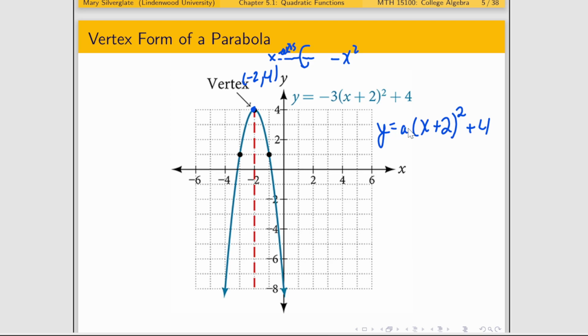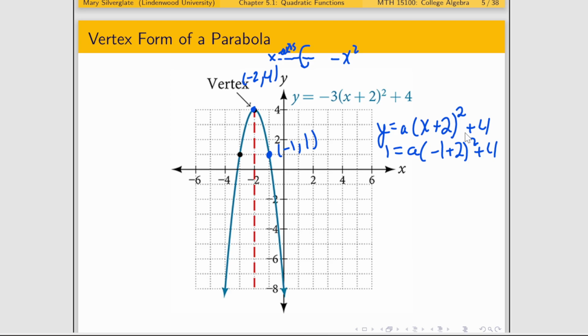Then if I wanted to solve for this stretch factor, I can pick any point on the graph. Here it looks like they've already pointed out to us that we have the point (-1, 1) in particular. So I can plug in 1 for y, -1 for x, and then keep everything else the same.